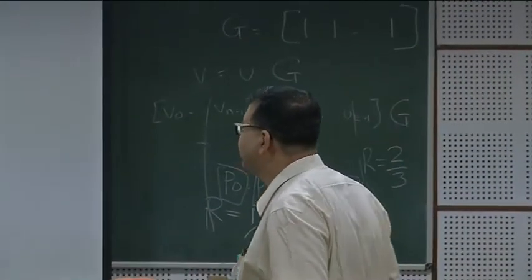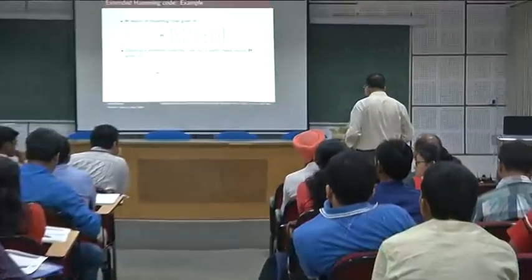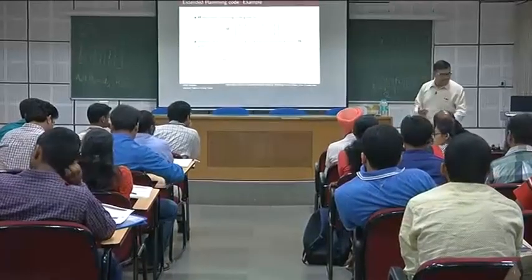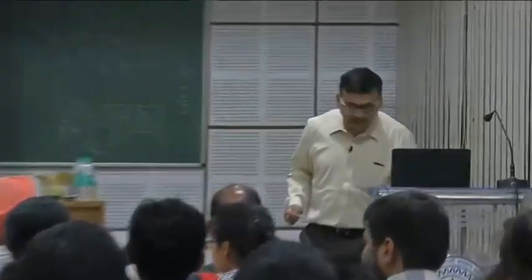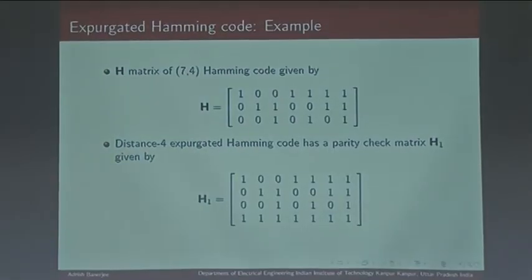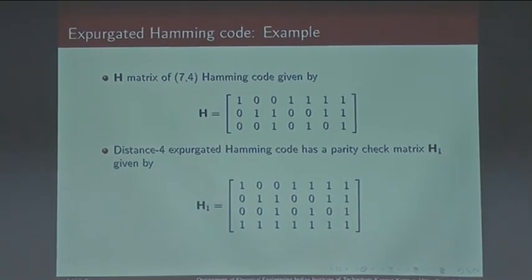There are other techniques as well. You just look at the opposite of each of them. The opposite of shortening is lengthening. Expurgation gives you (n, k minus 1); there is an opposite technique where you add code words, so you get (n, k plus 1).